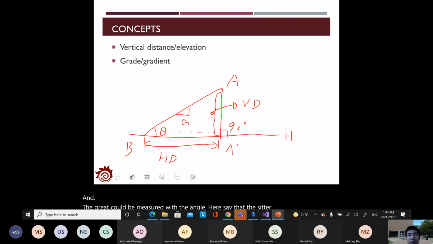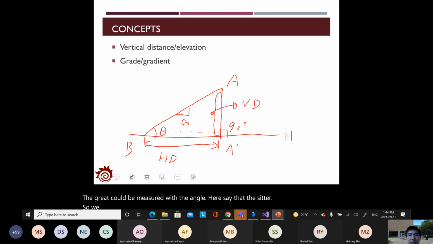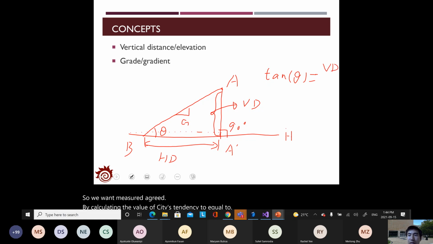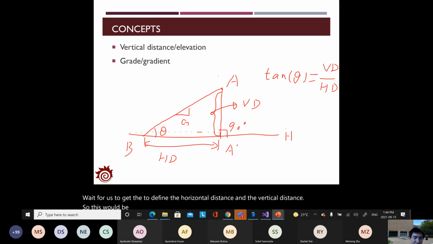So we measure the grade by calculating theta, where tangent theta equals the vertical distance divided by the horizontal distance. That's the way for us to define the horizontal distance, the vertical distance, and the grade. So this would be the fundamental definition.